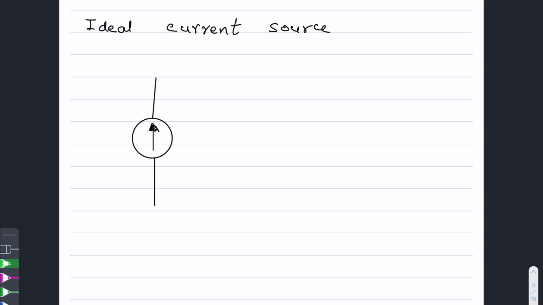Again, very similar to the voltage source, the ideal current source also has a variable set. Okay, the current is set by this device, and it provides constant current.